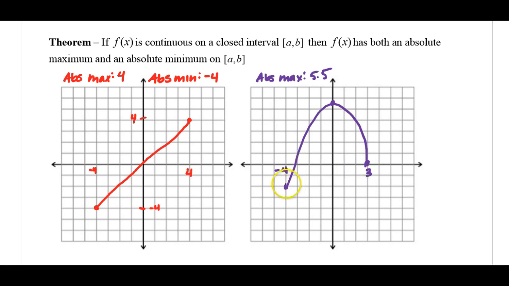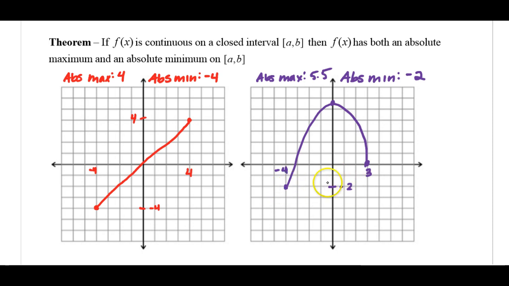So the smallest y value of the endpoint is going to be down here at negative 2. So my absolute minimum occurred at the endpoint, y value of negative 2. So the biggest y value is 5.5, and the smallest y value occurred at the left endpoint at negative 2.